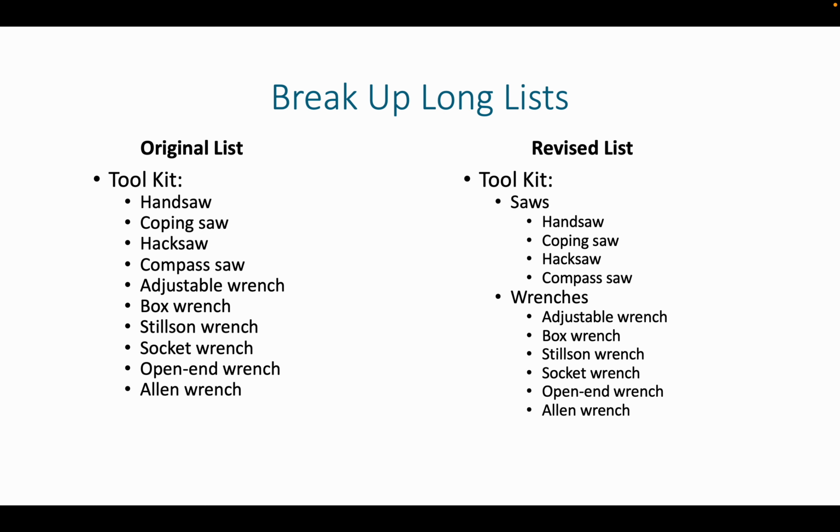This can be overwhelming to look at. There's quite a few items on that list. You might get lost looking at it, but we can see over on the right, the list has been revised. It still says toolkit and it has the same items, but it's been divided into the subsections of saws and wrenches, and it's a little bit easier to take that information in quickly.